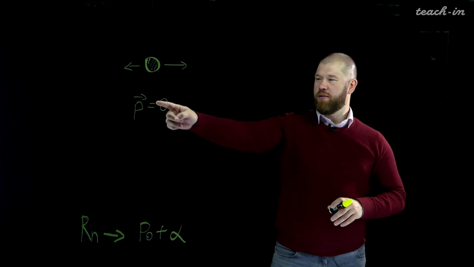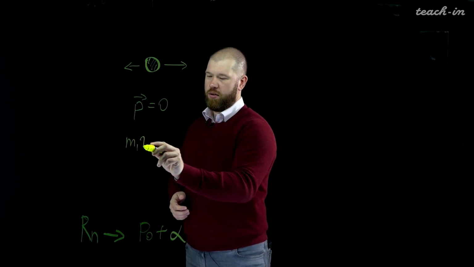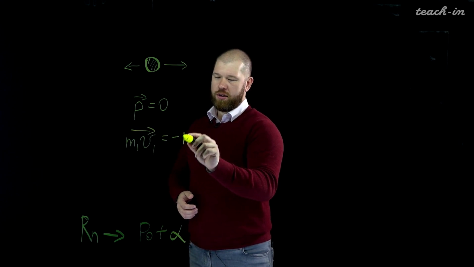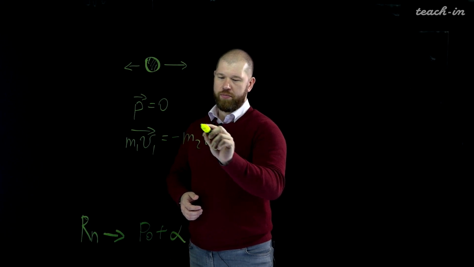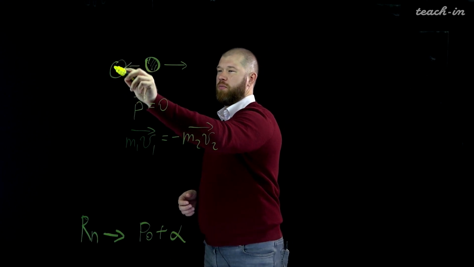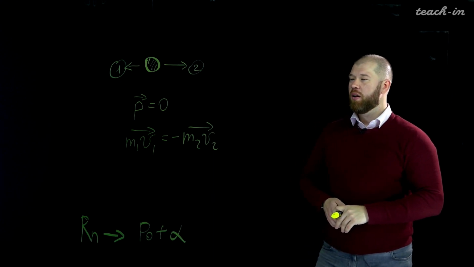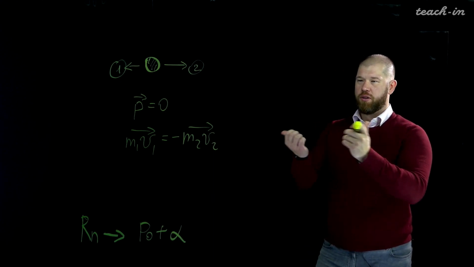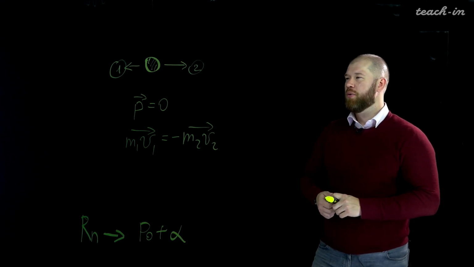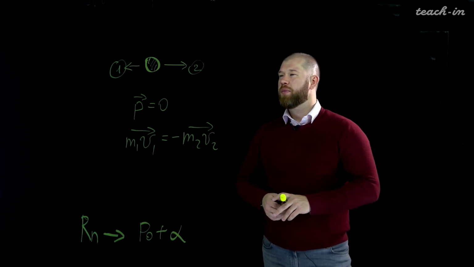And it is a vector. That means that M1 V1 should be like minus M2 V2. So this is one particle, and this is the second particle. That means that they go in different directions with an angle of 180 degrees.